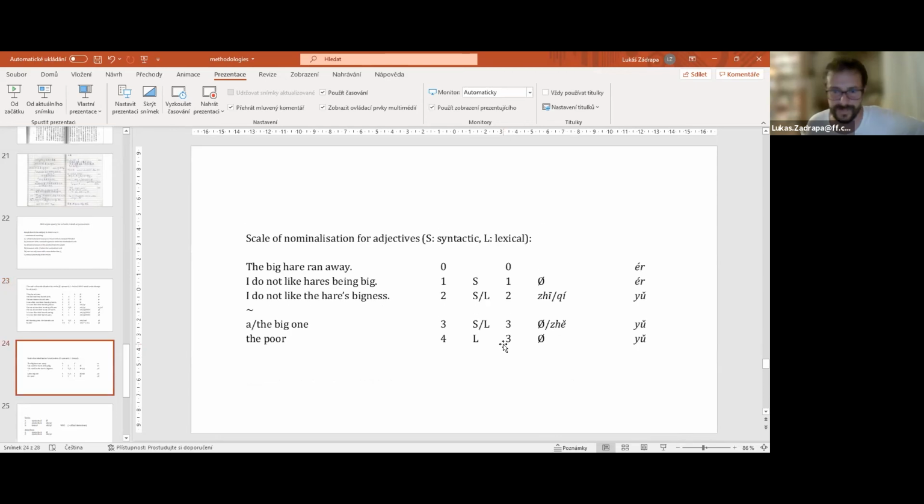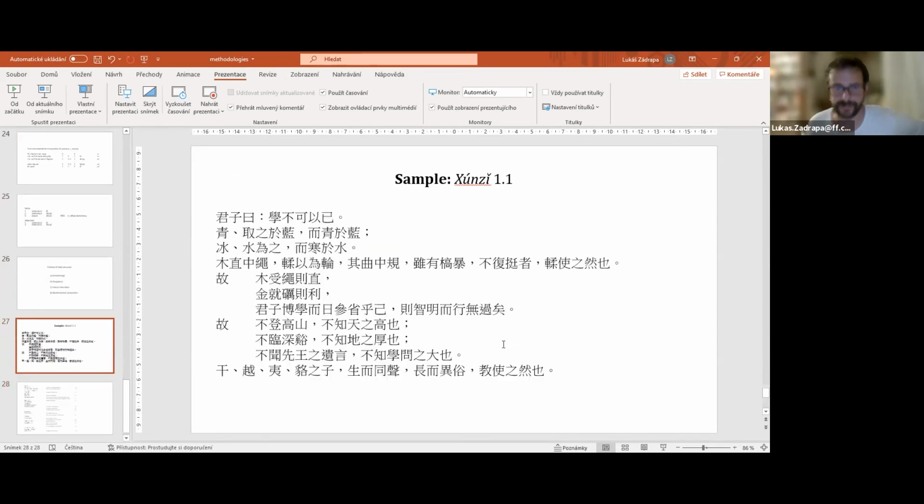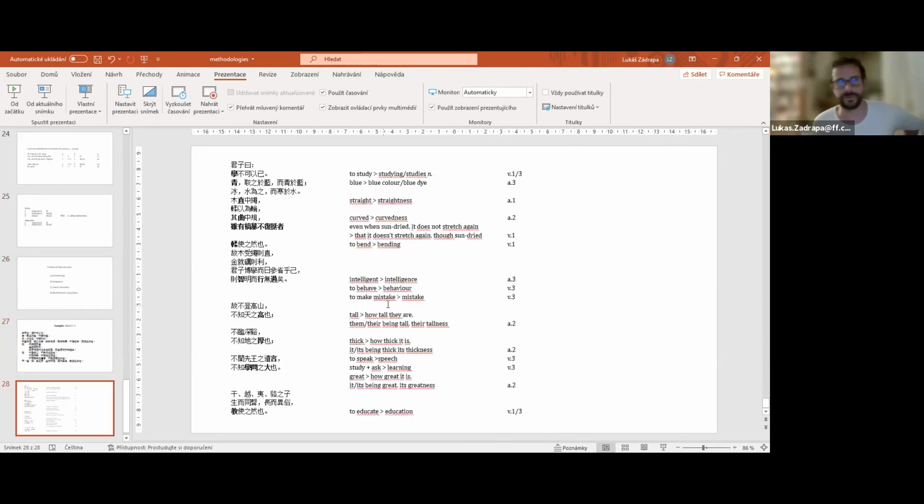So yes, I'll show you the next time the results of my analysis of these degrees of nominalization at the beginning of the first chapter of the Xunzi.